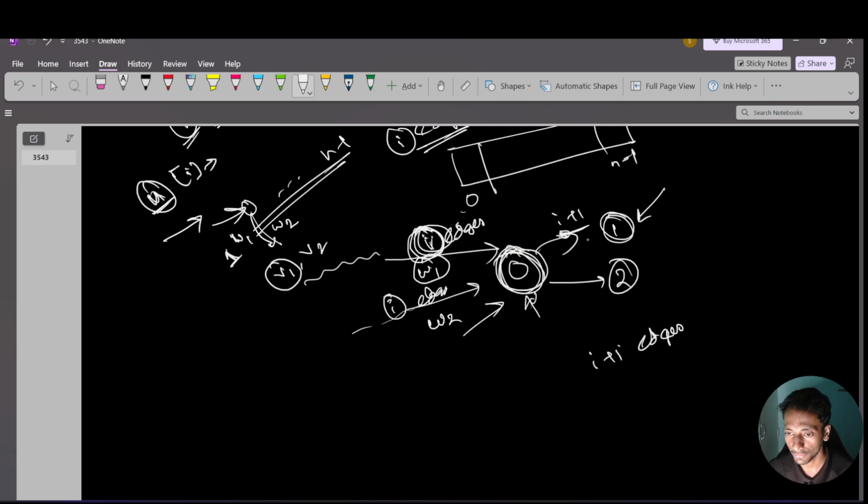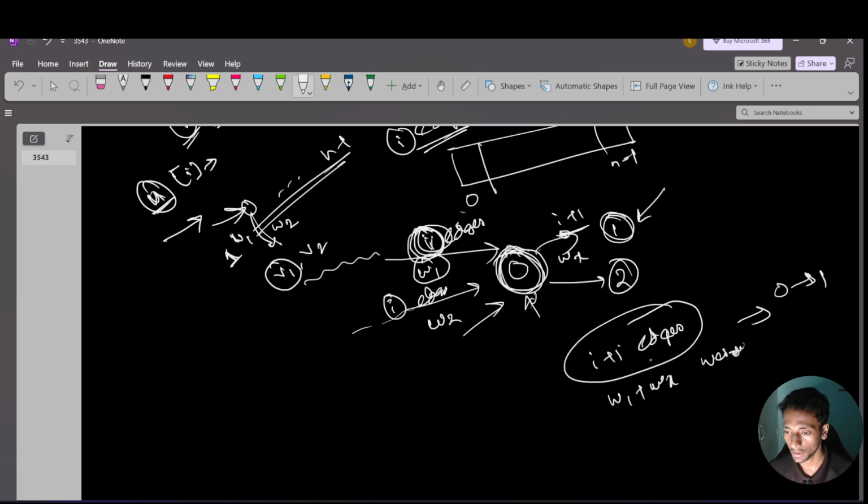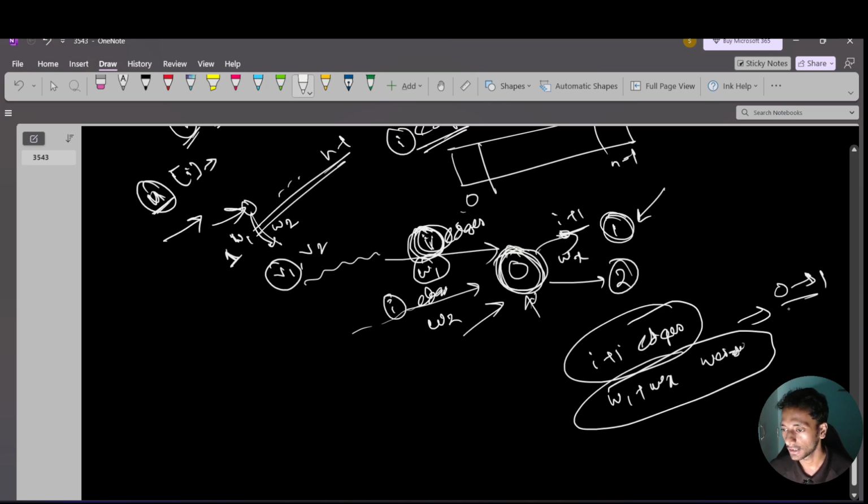Suppose this edge has weight x. Then the weight to reach node 1 will be w1 plus wx, from 0 to 1 by using I plus 1 edges. Got it?